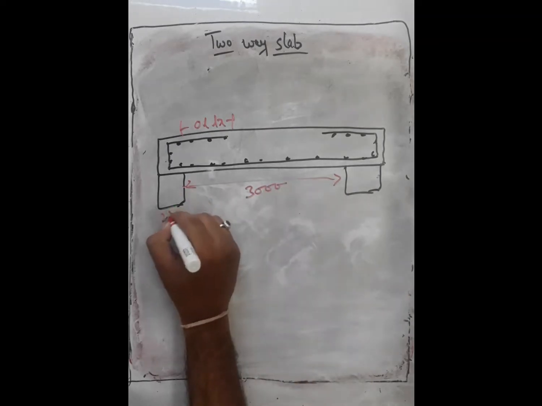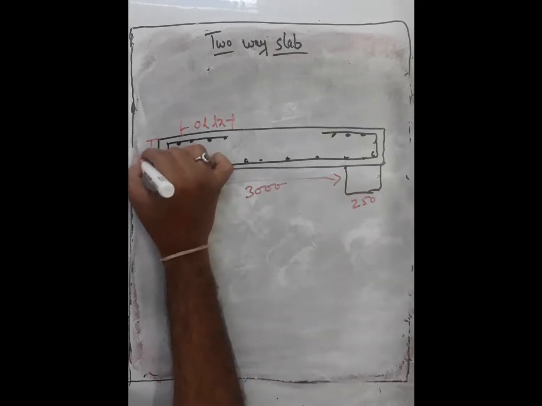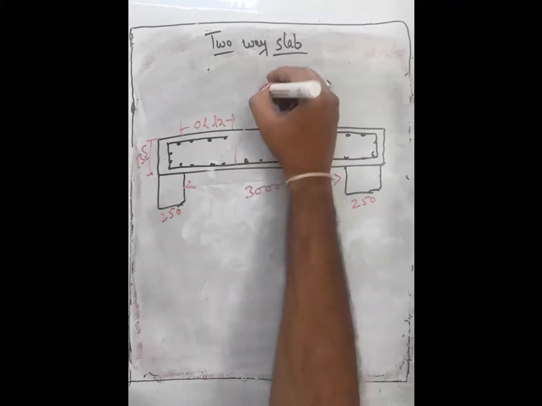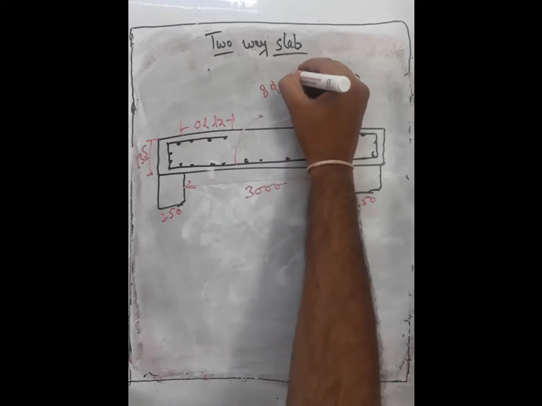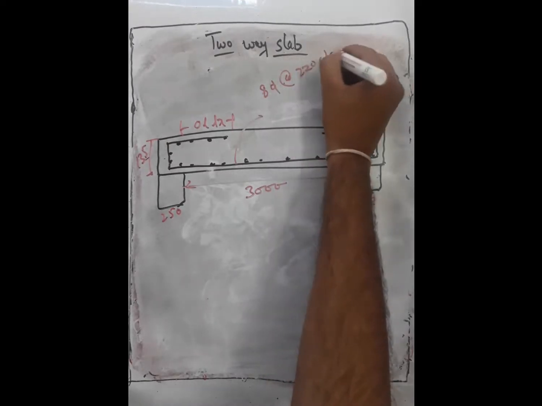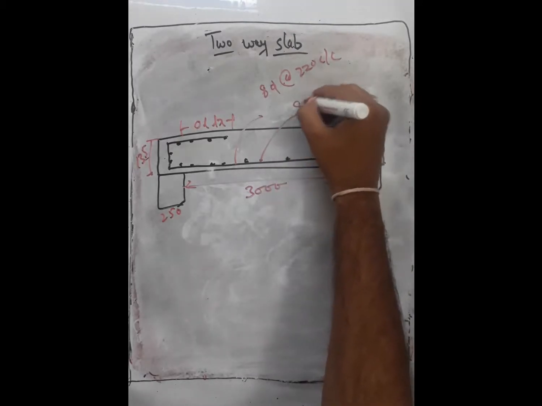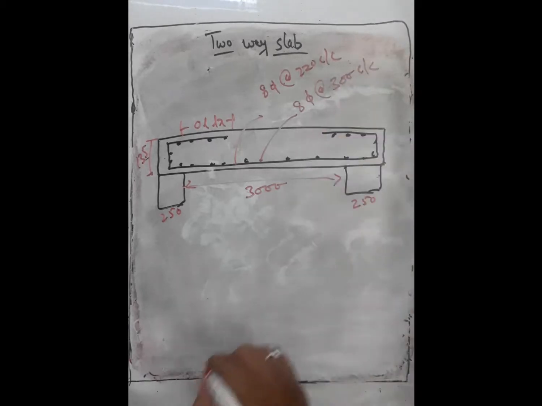This we have given 250. This overall depth is 135. This reinforcement which is LX, we say 8 mm at the rate 220 center to center, and this LY is 8 mm at the rate 300 center to center.